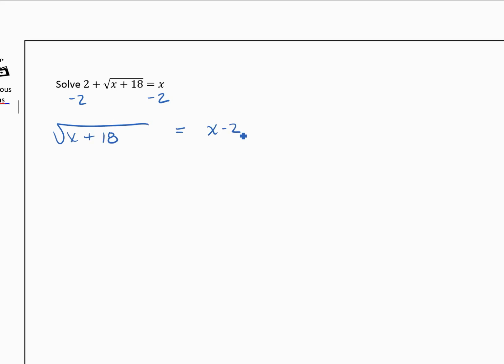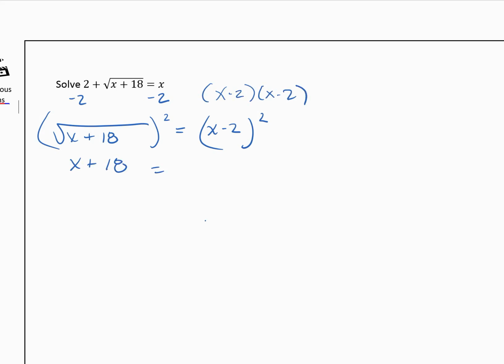Well, now we want to square both sides. And when we square the left-hand side, the radical and the squared cancel each other out, so we get x plus 18. And when we square this side, we really need to do x minus 2 times x minus 2.